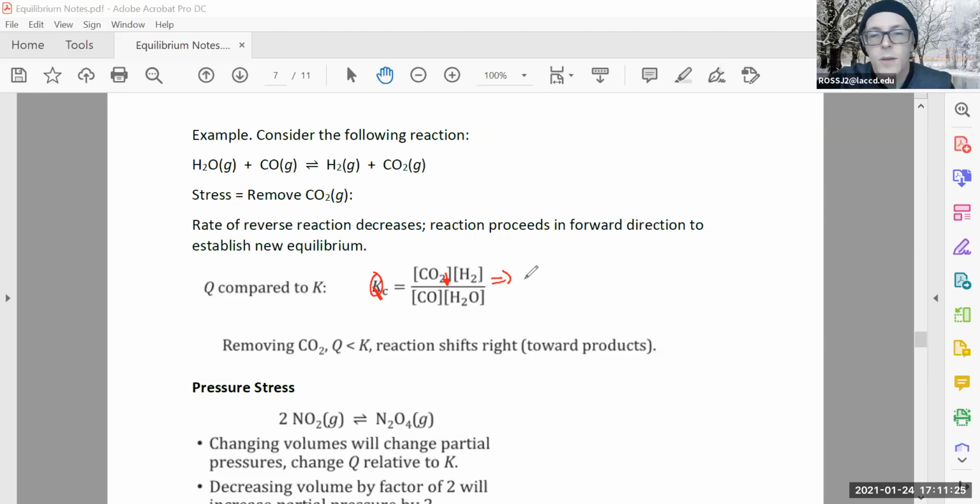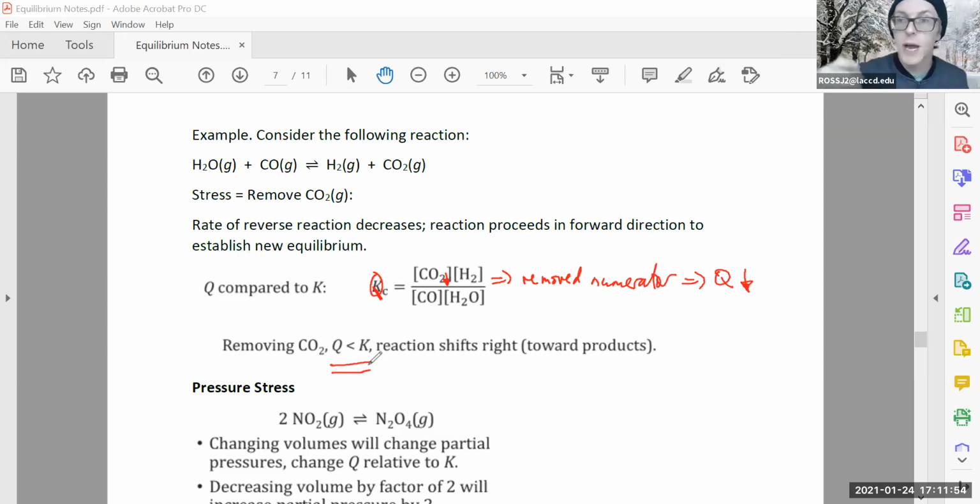Basically, if we've removed numerator, then that implies that Q has decreased as well, right? So that's why we say that Q is now less than K, and so it has to be restored.